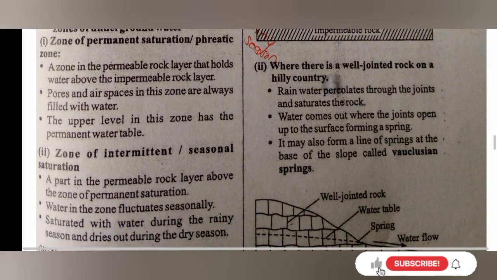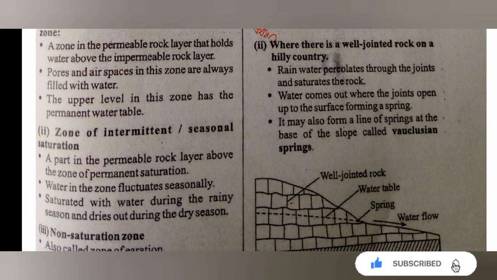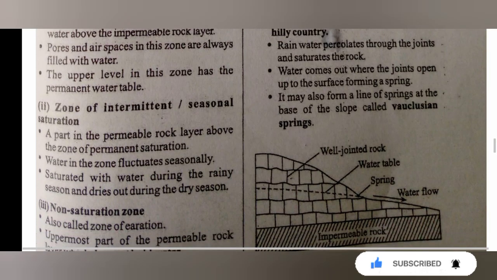The other way is where there is a well-jointed rock on a hilly country, and rainwater percolates through the joints and saturates the rocks. Water comes out where the joints open up on the surface to form a spring. It may also form a line of springs at the base of the slope called Vauclusian springs.